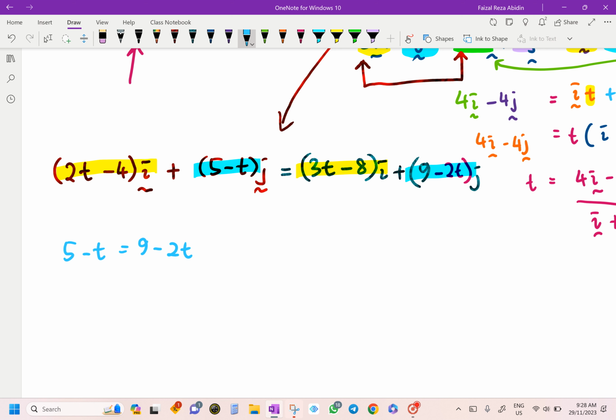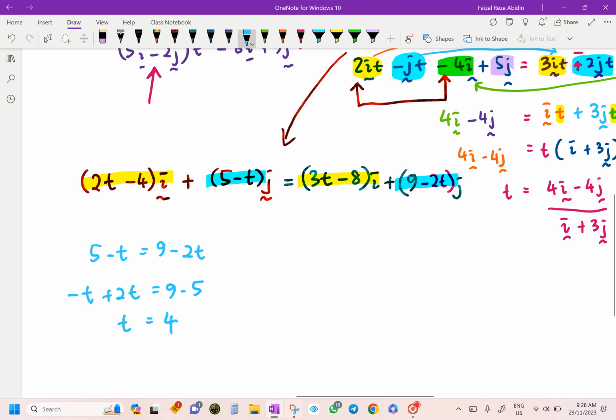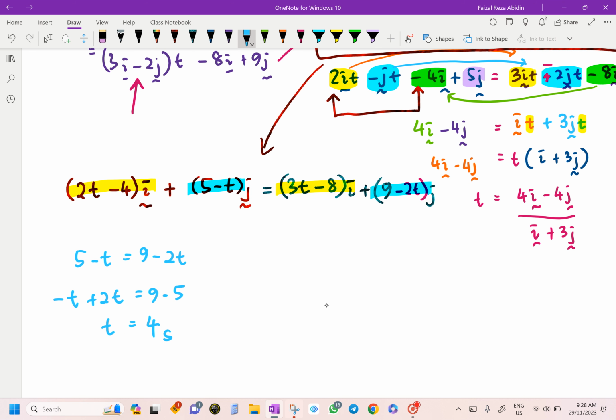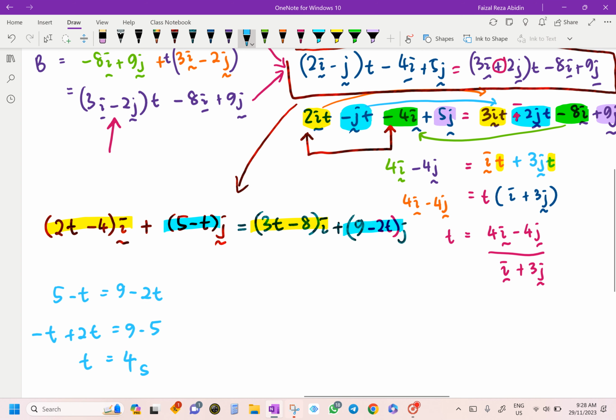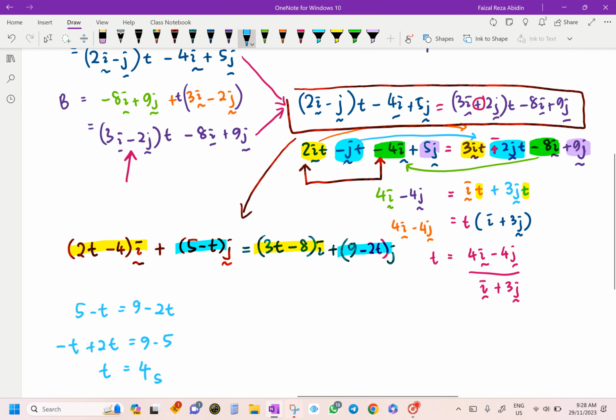So left right, negative 2 bawa sebelah, so akan dapat negative t plus 2t. This one 9 minus with 5. So this one dah akan dapat t equals to 4. Itulah dapat jawapan dia. 4 second. Kan? 4 second. Alamak. Yang tadi tu mengelirukan, minta maaf.